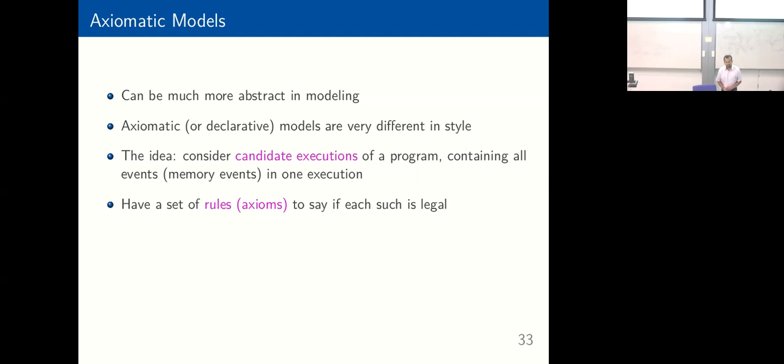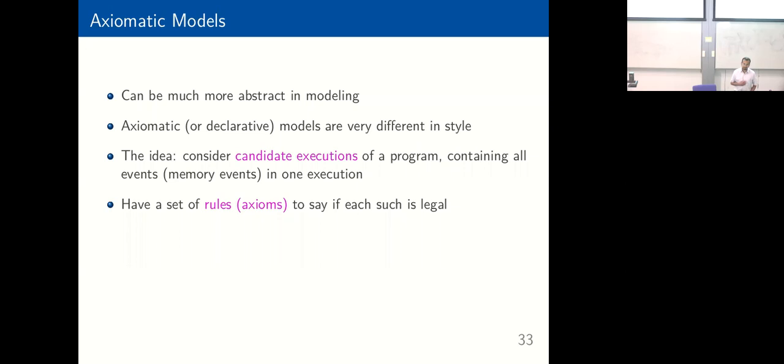And I'll show you how that works. To give you a flavor of it, what these executions are going to be contain all the memory events of a program, but just one execution thereof. And then find the legal executions from all this set of candidate executions.